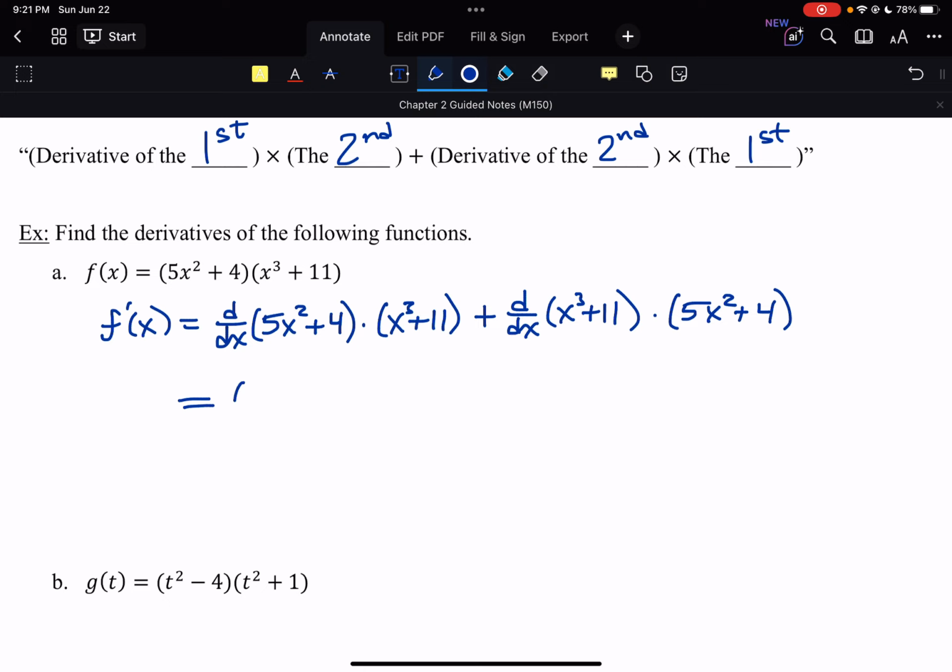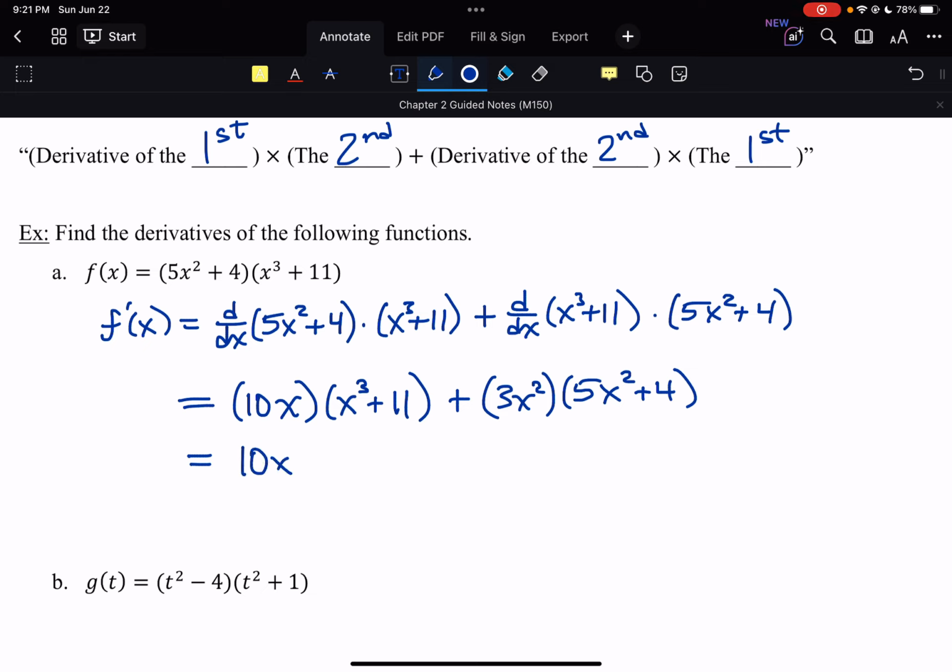So we take this first derivative, that's going to be 10x, and then nothing times x cubed plus 11. This one we get 3x squared plus nothing times 5x squared plus 4. And so we get 10x to the fourth plus 110x plus 15x to the fourth plus 12x squared.